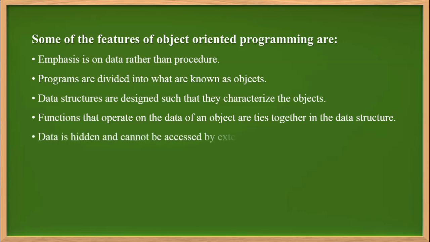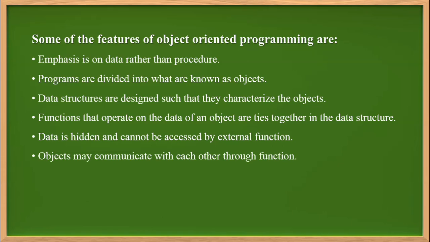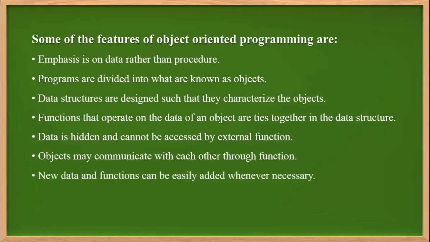Data is hidden and cannot be accessed by external functions. Objects may communicate with each other through functions. New data and functions can be easily added whenever necessary. And the last feature is that it follows a bottom-up approach in program design.